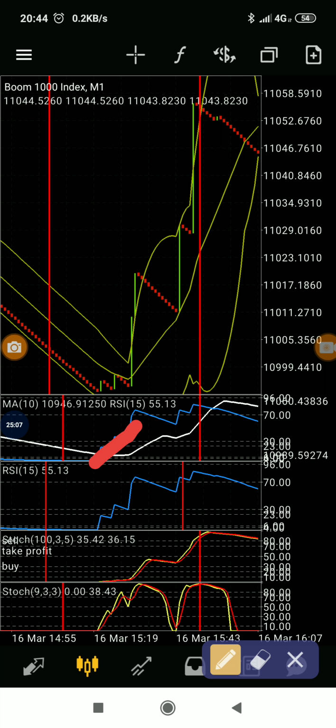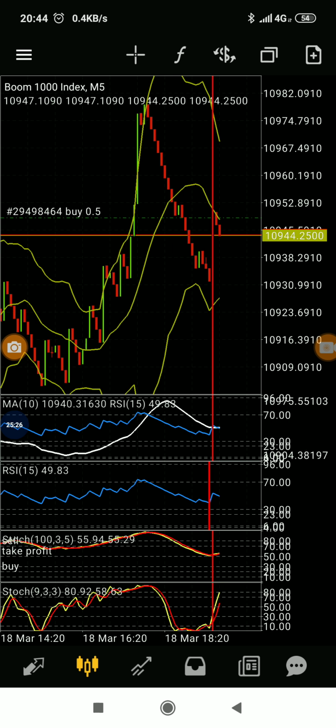The moving average is going up, showing buy. You can see the RSI showing buy, the stochastic showing buy. Then we'll go back to our 5 minutes.